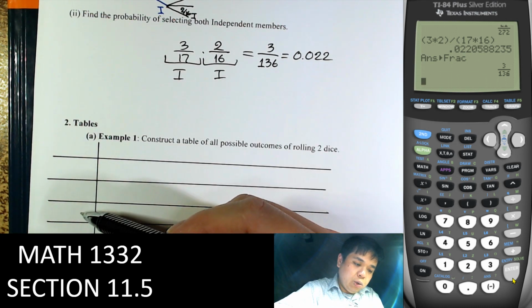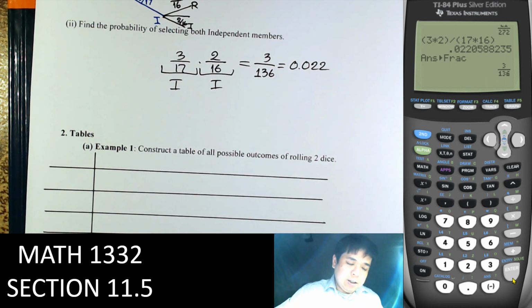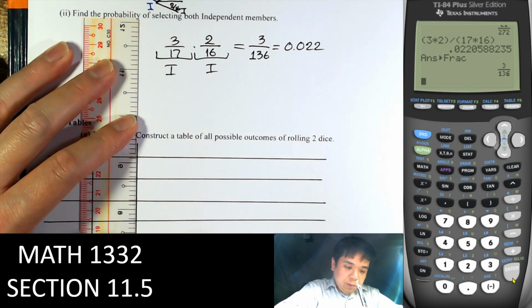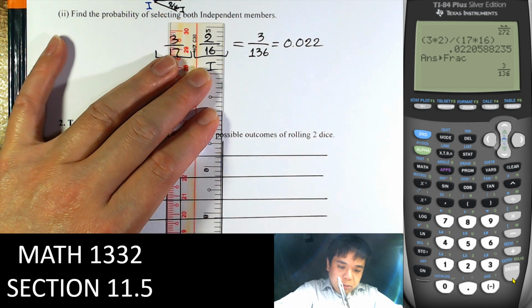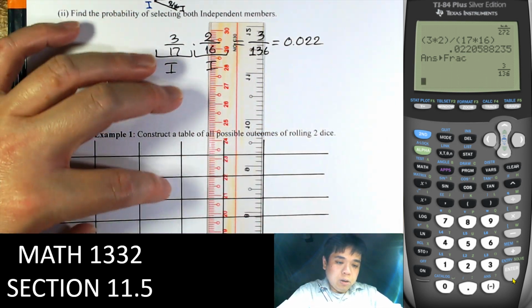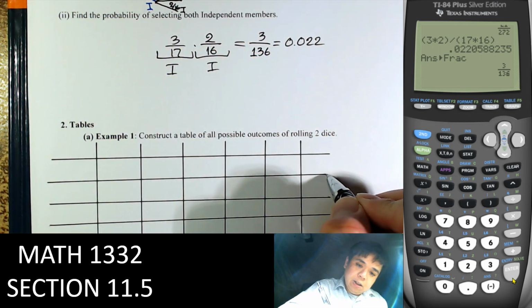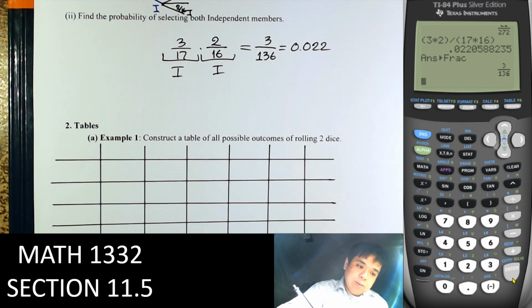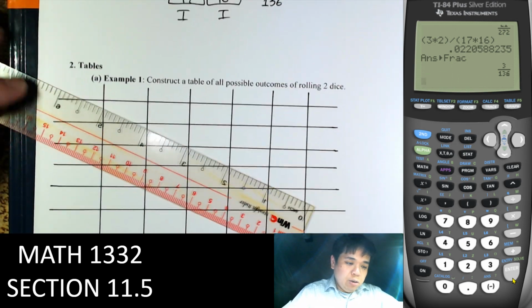So 1, 2, 3, 4, 5, 6. One, two, three, 4, 5, 6. Right. So draw a table like that.